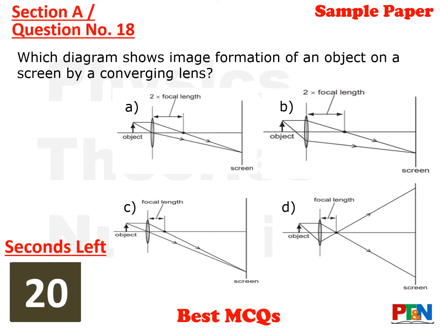Next MCQ. Question number 18. Which diagram shows the image formation of an object on a screen by a converging lens? 4 ray diagrams have been given. You need to find out which one is correct. 20 seconds time for you to think.